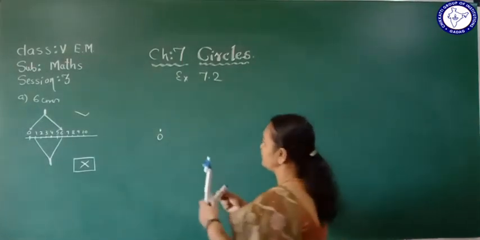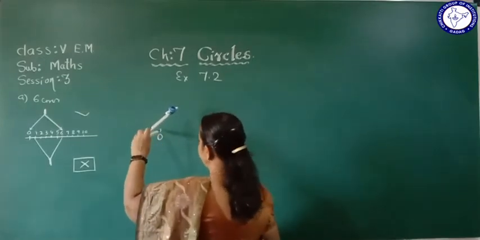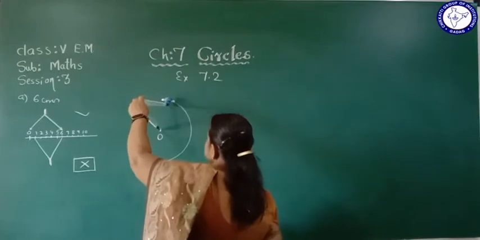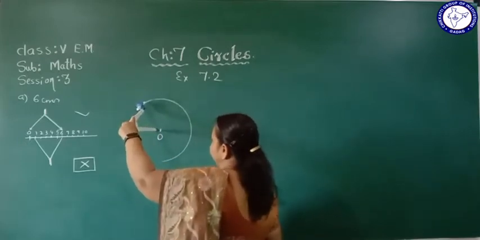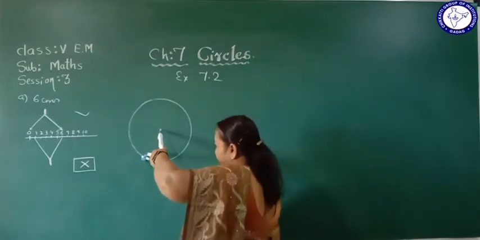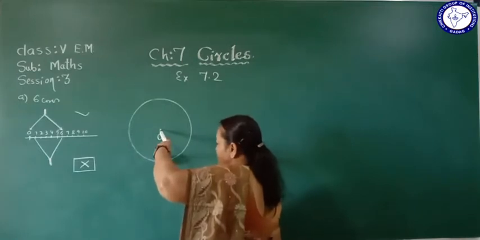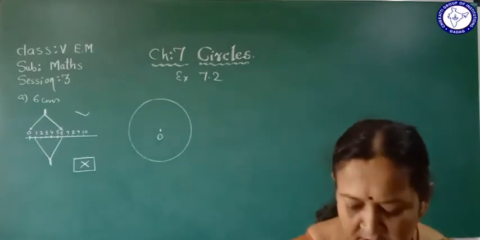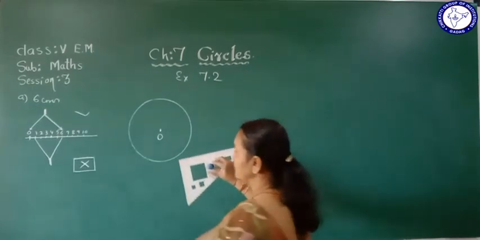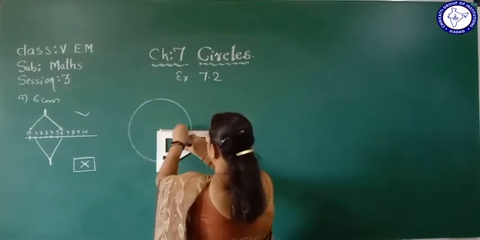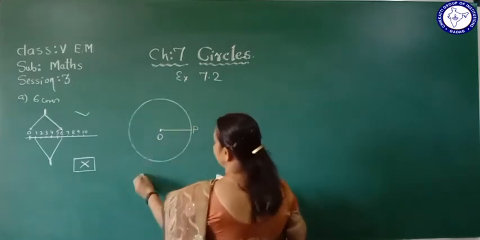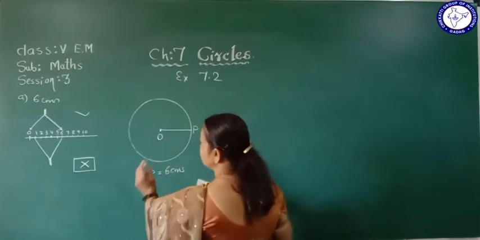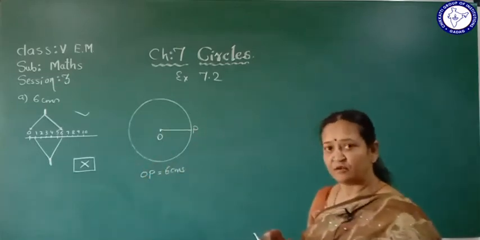Now keep on point O and draw a circle of 6 centimeter. Are you understanding this? How to measure on the scale and what is the right direction? Now here if I write P, this OP is equal to 6 centimeter, and this you have to draw in your notebook.